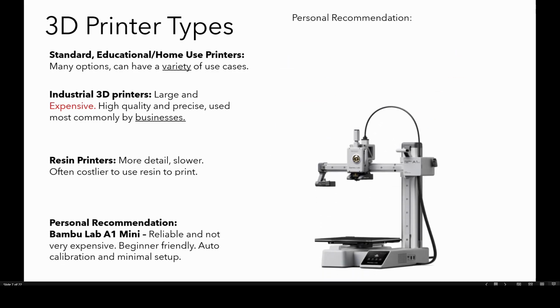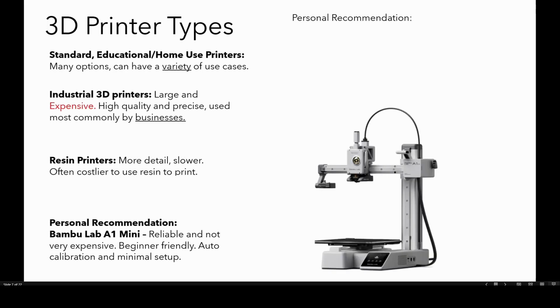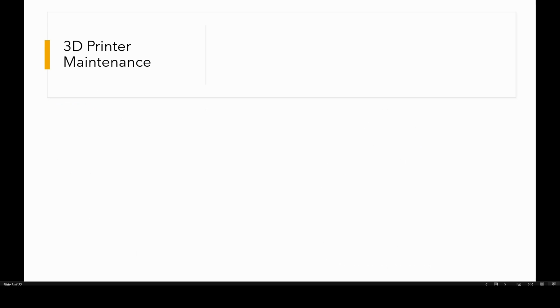It is very reliable and somewhat inexpensive. It is beginner friendly, and that's what I would suggest for anyone starting. However, you can research for yourself to see the best printer for you based off of the features you prefer. Printers can range anywhere from 100 to 1000 of dollars, so there's always an option depending on your use case.